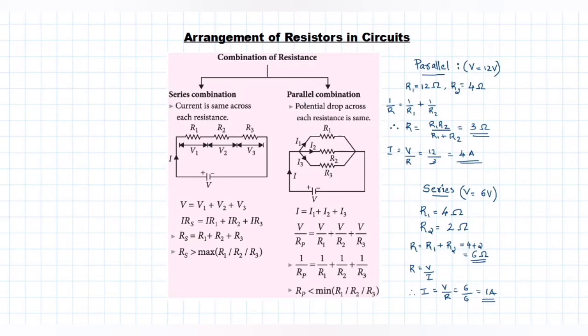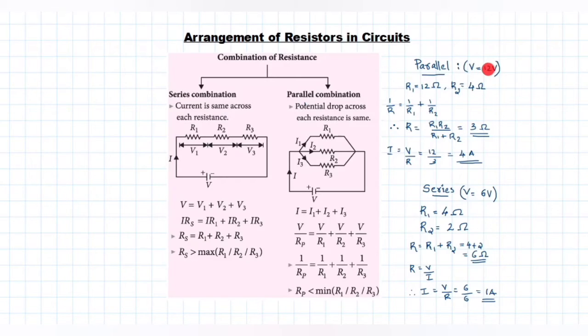So the final current flowing through the parallel combination can be calculated as I equal to V by R. We can substitute the value of V, that is 12 volt, and R, 3 ohm. So I is 4 ampere. So 4 ampere current is passing through the resistors R1 and R2 if a battery of voltage 12 volt is connected in parallel combination.